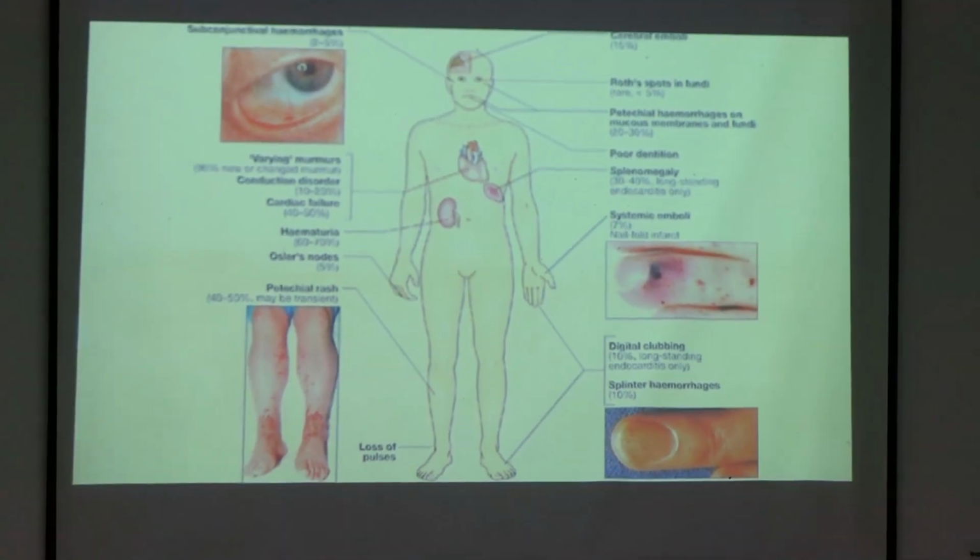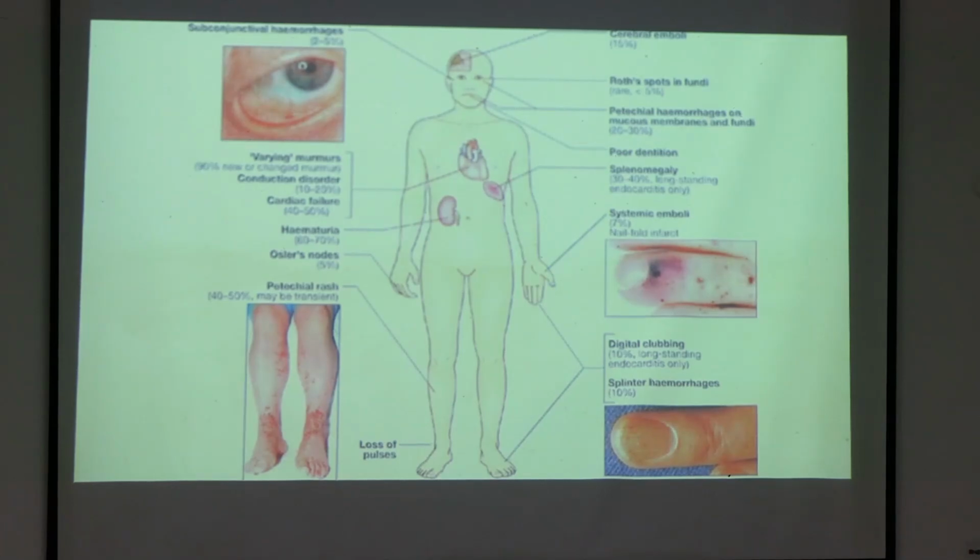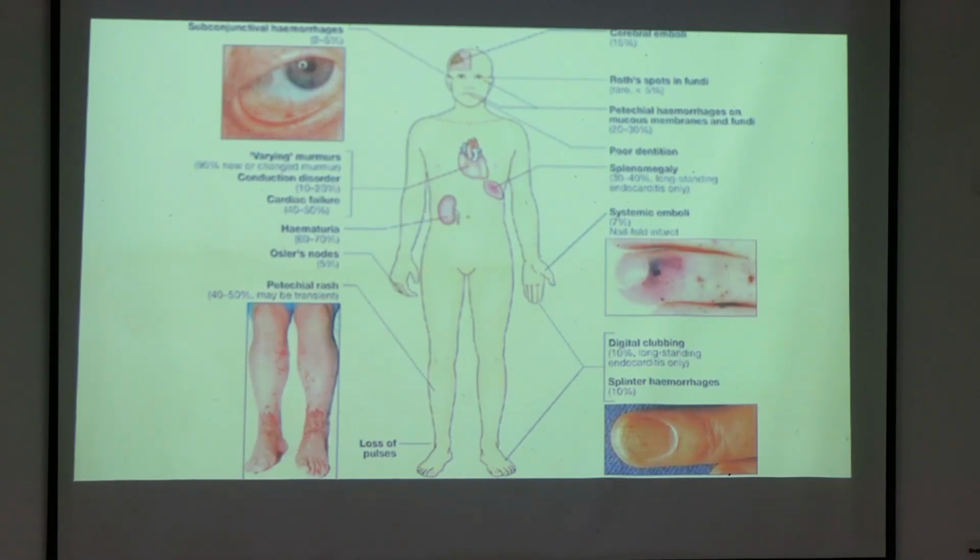So from top to bottom, where all the infections or manifestations can occur. If it is in the brain, then CNS manifestations. The emboli will go and lodge in the cerebral vessels, so it will lead to cerebral emboli, then stroke, or CVA.